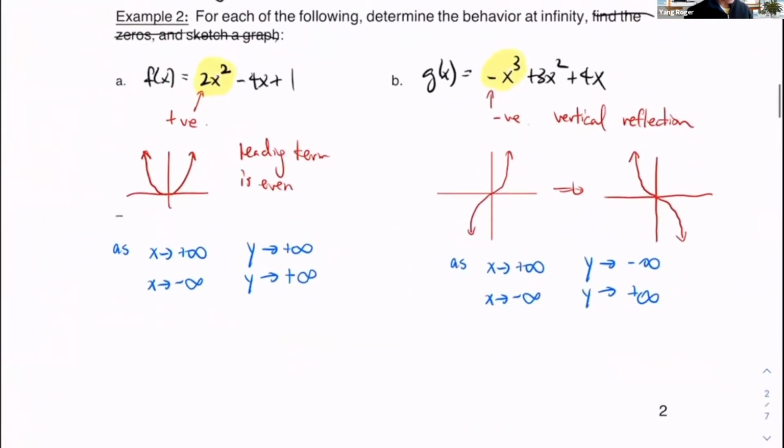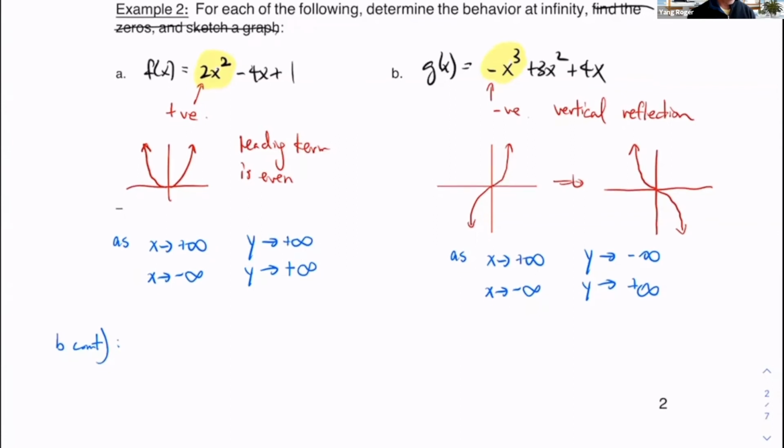So let's just find the zeros of B, because I didn't do a single example of finding the zeros. So if I were to look at B continued, what do you suggest I do first when I look at B and I try to find the zeros? Any thoughts?